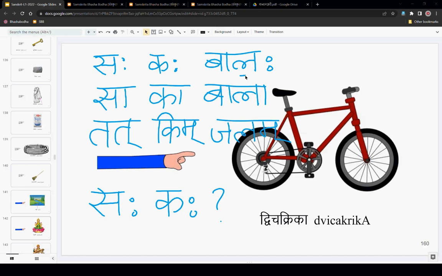One thing to note is that in Sanskritam, what are these called in English? The punctuation marks. Punctuation marks are not necessary in writing, because this kaha itself indicates a question. Generally very few punctuation marks are used in writing in Sanskritam.